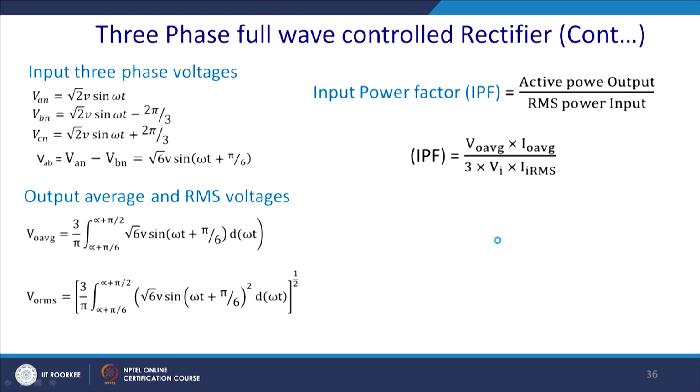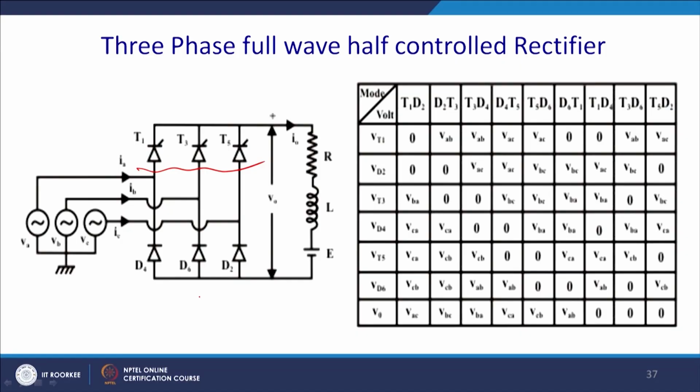Similarly, we need to calculate Vrms and the average voltages. Students are requested to calculate these values; these are simple integrations available in any normal textbook. This is the pattern, the same way we discussed in case of the diode.